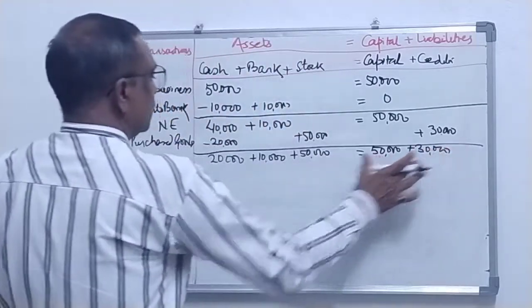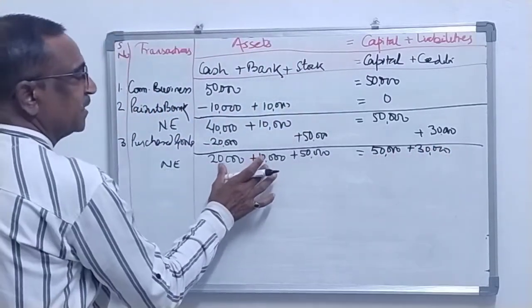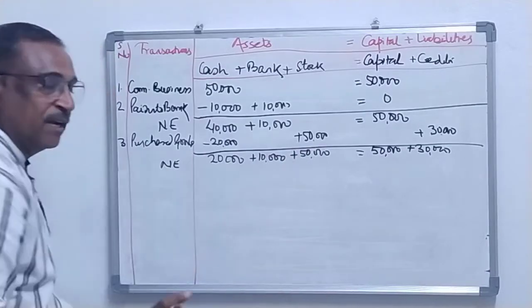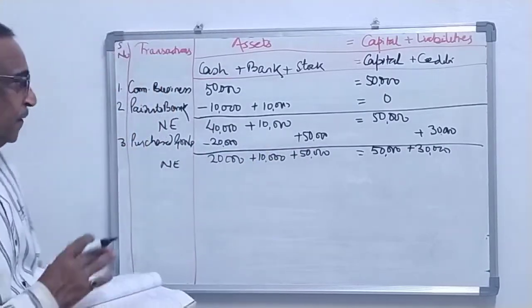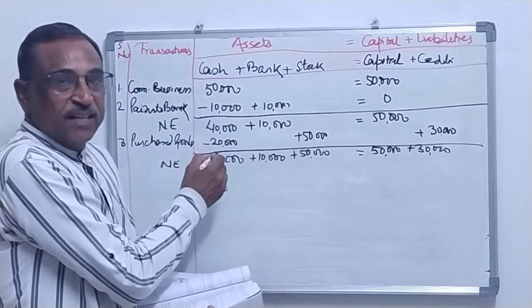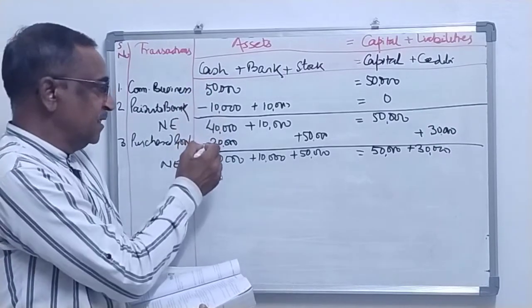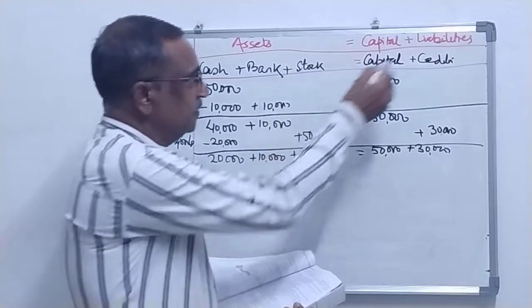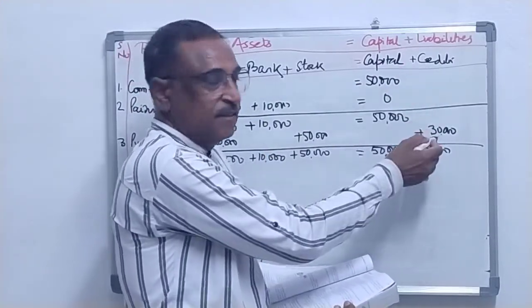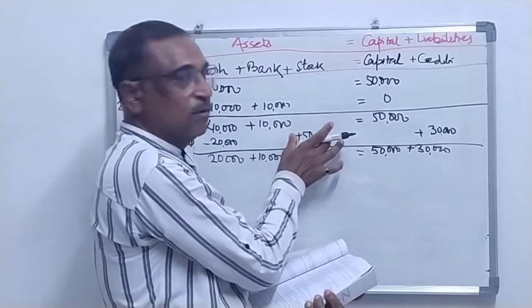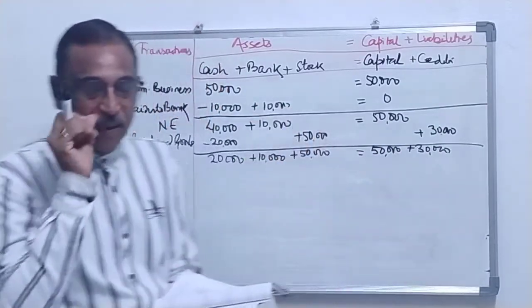The total is 80,000. 20 plus 10, 30. 30 plus 50 equals 80. That means both the sides are equal. Clear? 20,000 goods have been purchased in cash and 30,000 goods have been purchased on credit. So in all we have received goods worth rupees 50,000. Clear?